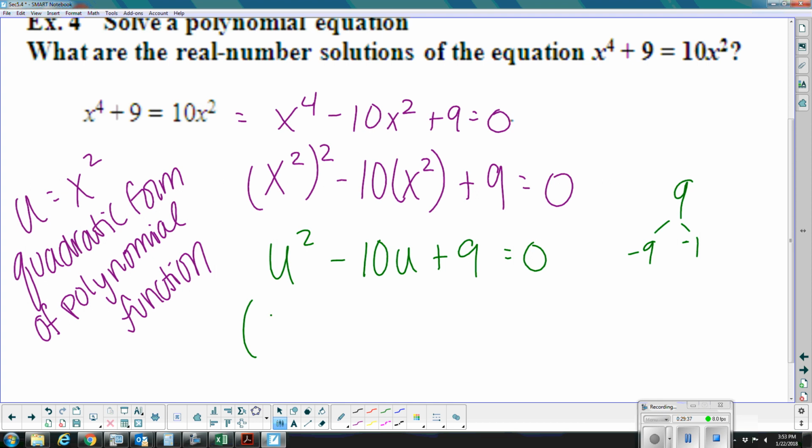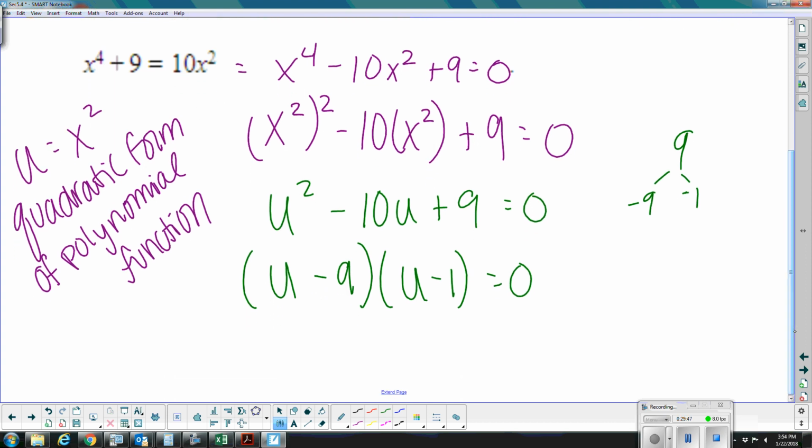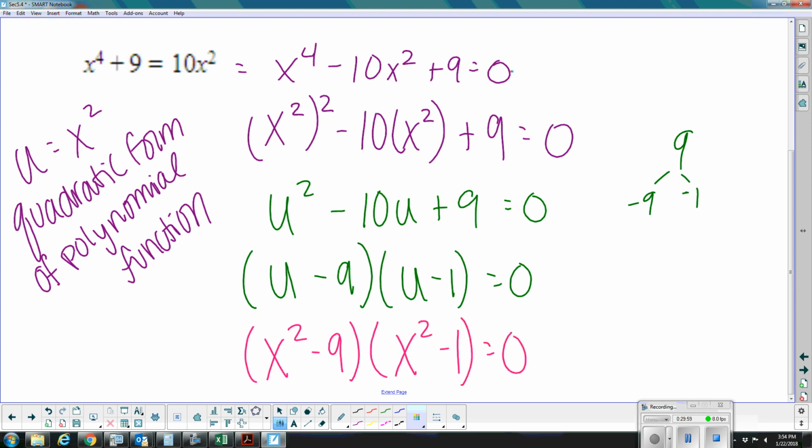So we've got u minus 9 times u minus 1 equals 0. But don't forget that our u is x squared. So let's write that how it should be. So it should be x squared minus 9, x squared minus 1 equals 0.